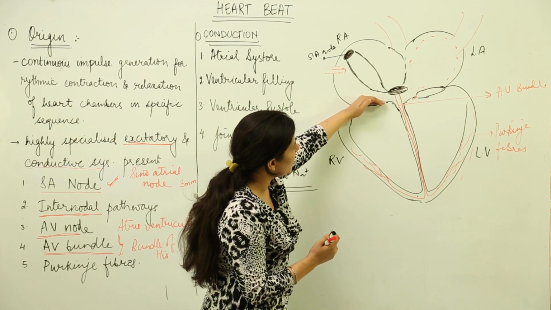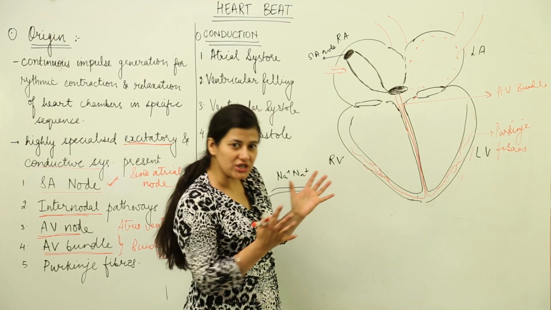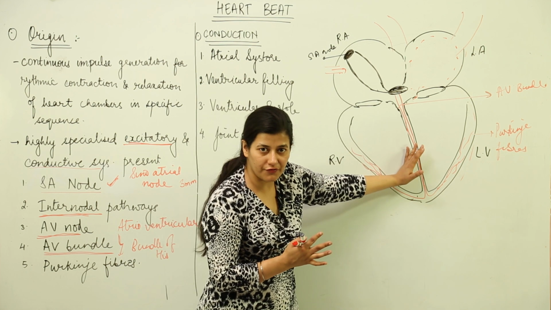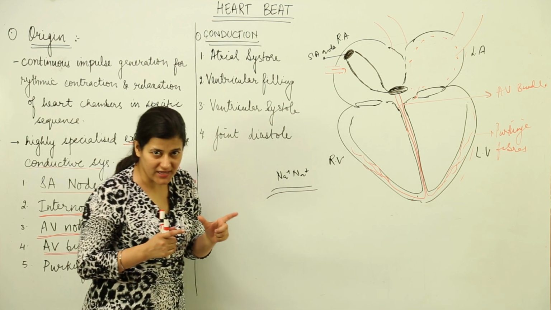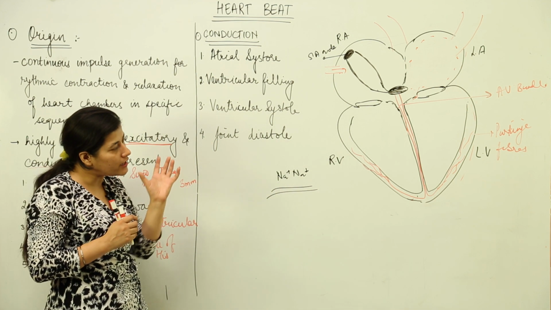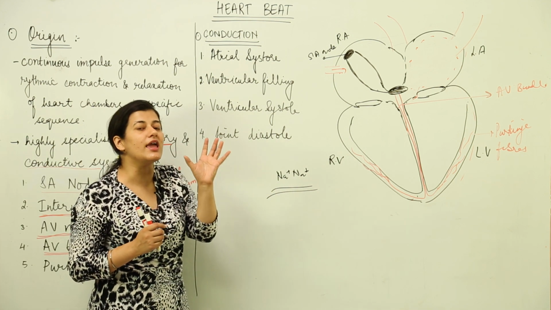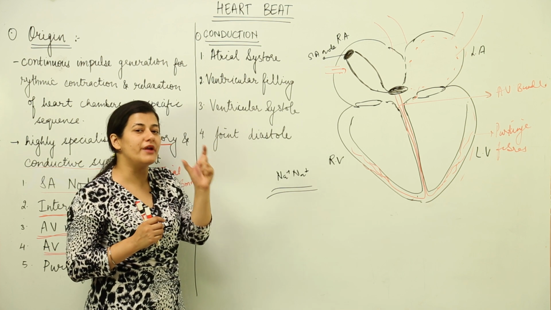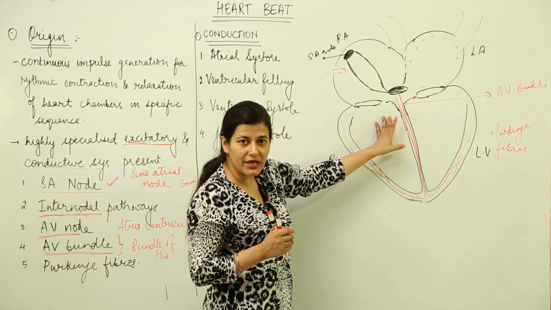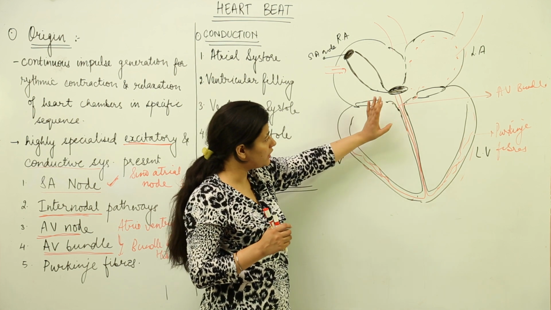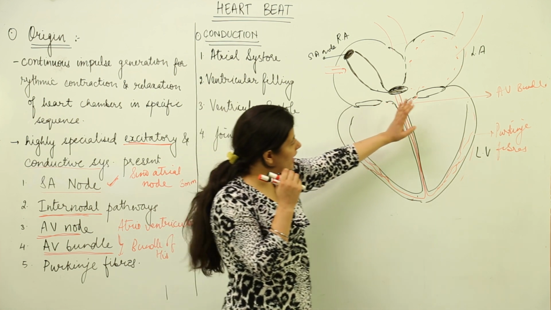Now because these valves are closed and the contraction is taking place after the ventricular filling, where would the blood go? It would go into the open spaces, because the contraction pressure is quite higher than the pressure present inside the pulmonary artery and the aorta.